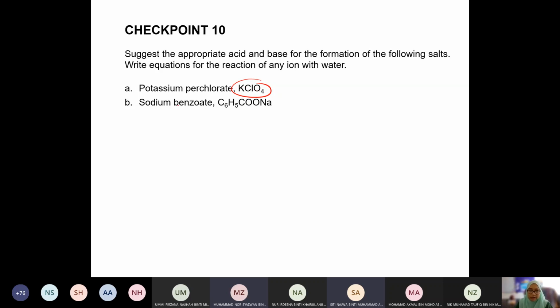The same goes for sodium benzoate. So this is the salt; you must know first that this is a salt. Sometimes students are not able to determine whether the given substance is an acid, a base, or a salt.